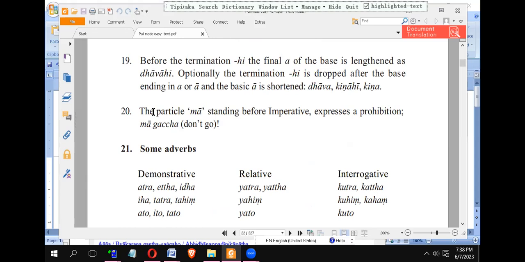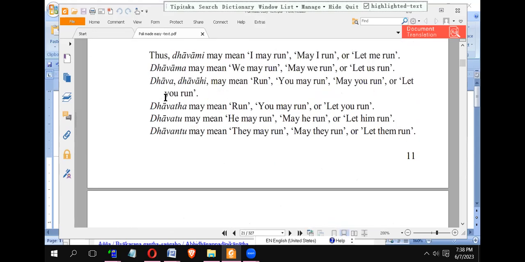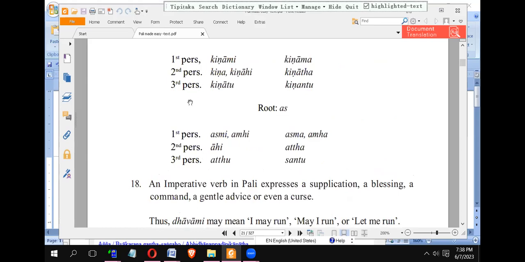Yes, Sumita. I don't understand the root as plus tu. So if let's say santi, as plus tu, then drop the A and then santu.